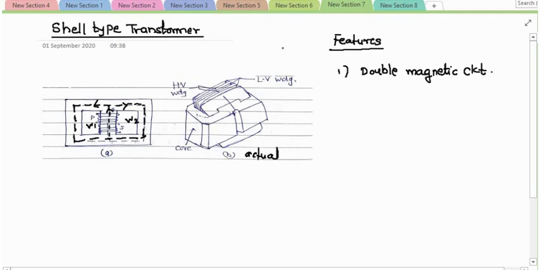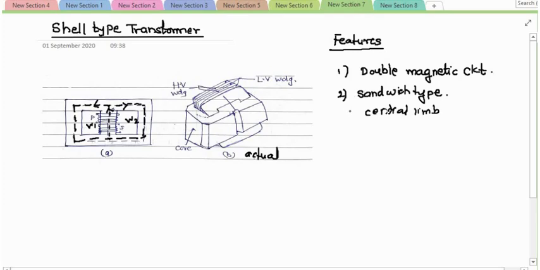The windings normally used for the shell type of transformer are sandwich type of winding, which are always placed on the central limb only.